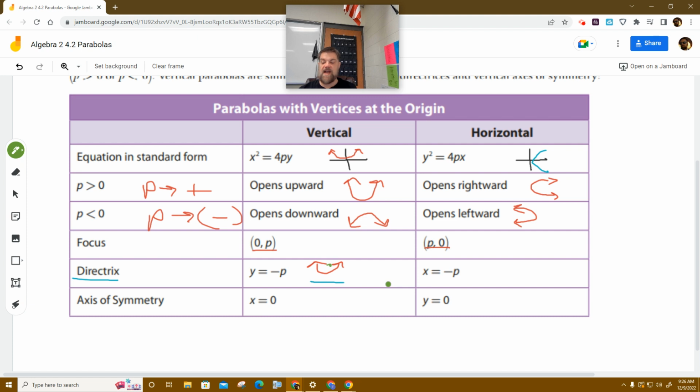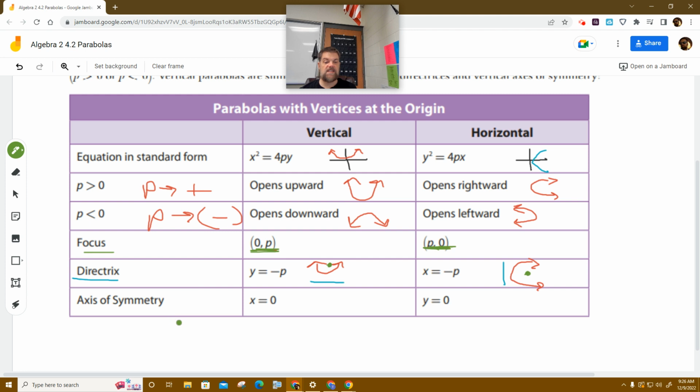If it's a horizontal, the directrix, which is a straight line, will be on the opposite side of the graph. So a horizontal parabola will open like this. And remember that the focus will occur over here somewhere. And this is the focus. So I should do that with green so it kind of color codes.